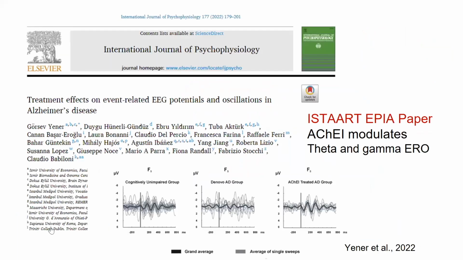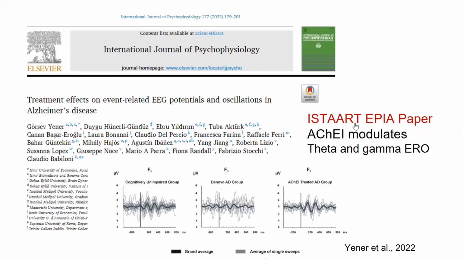This is the Alzheimer patients de novo, and these are the cholinergic medicated patients. And you can see theta phase locking. And as I told before, gamma activity is increased in medicated Alzheimer patients by cholinergic drugs.